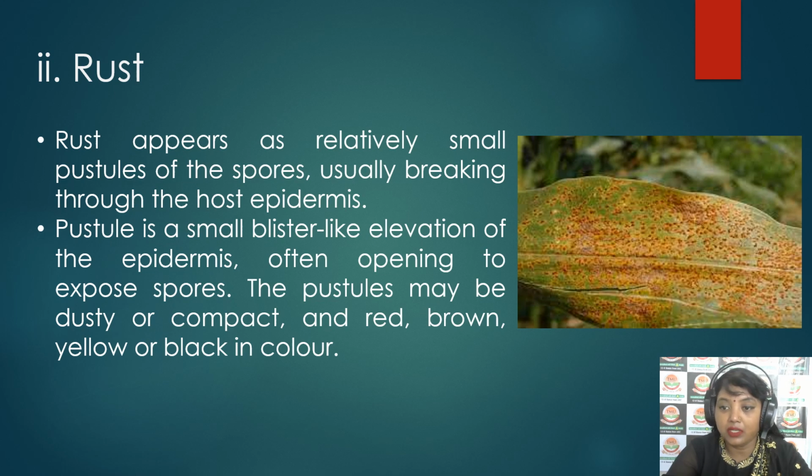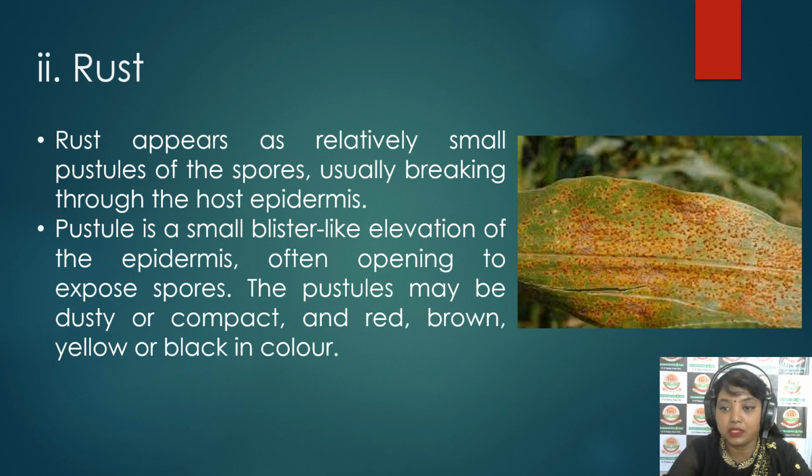It is somewhat elevated, not flattened on the surface, often opening to expose the spores. The pustules may be dusty or compact, and red, brown, yellow or black. The rust disease may be seen in red or brown, yellow or also black color.